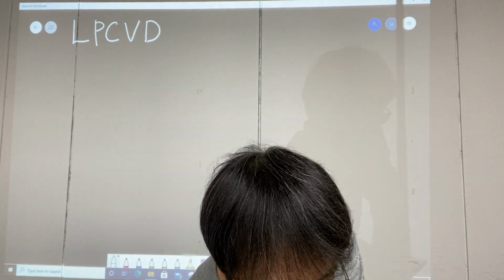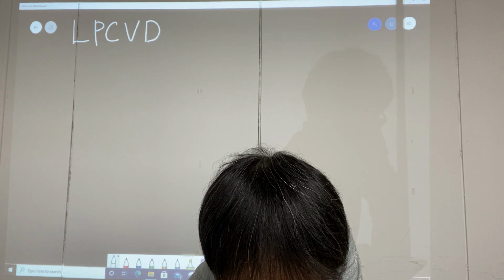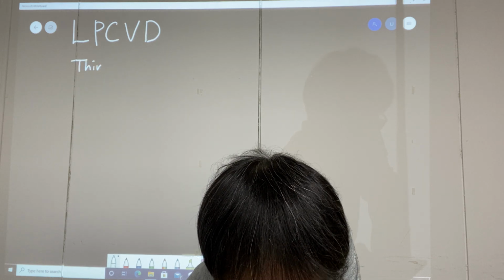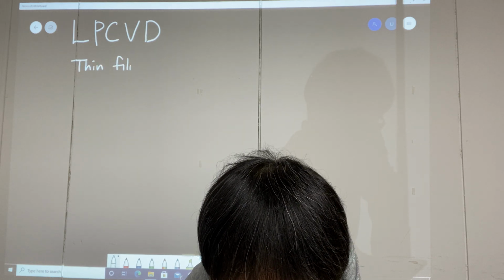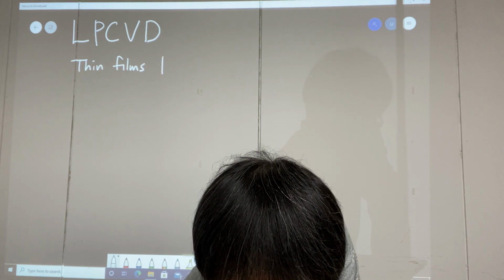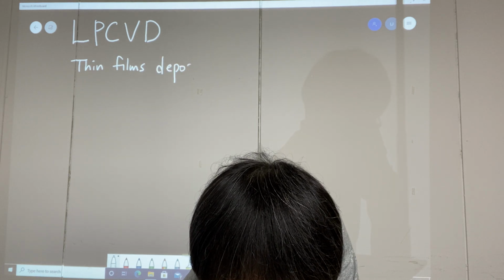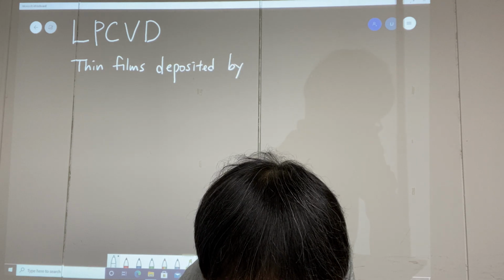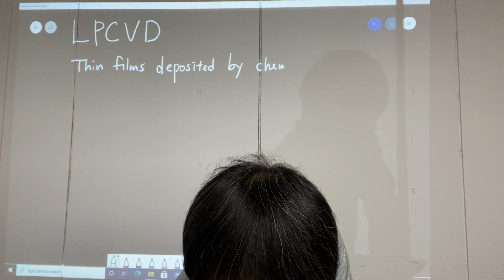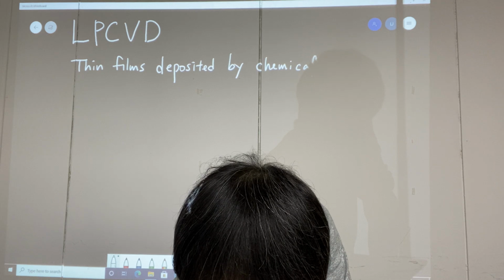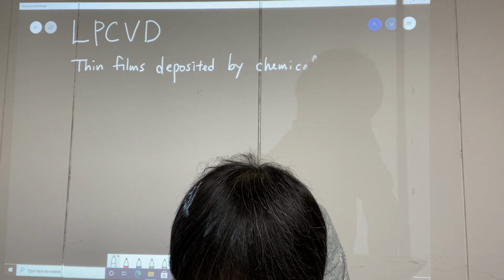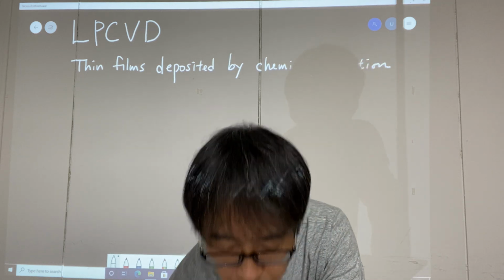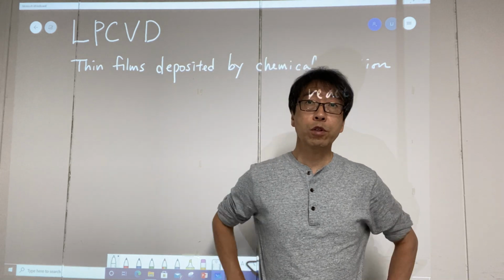The general characteristics of the LPCVD is basically the deposition of thin films. So thin films are deposited by chemical reaction at an elevated temperature.